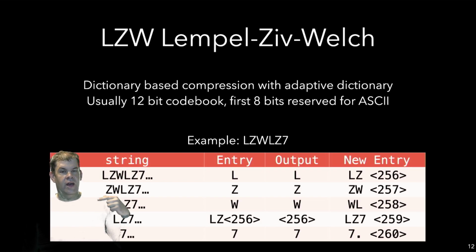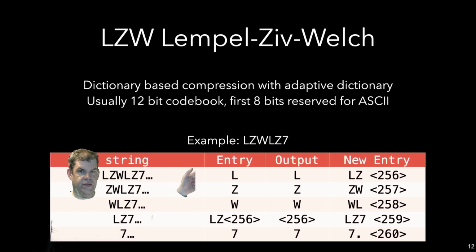We'll create a new entry in our 12-bit code book, the 257th entry so to say. That entry contains LZ, so it's got the index 256 because we start at 0. So we store 2 characters at that point.